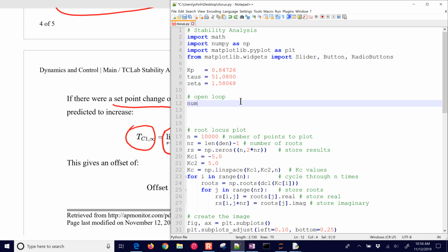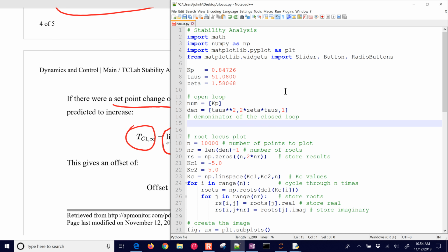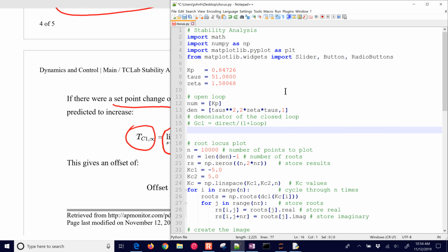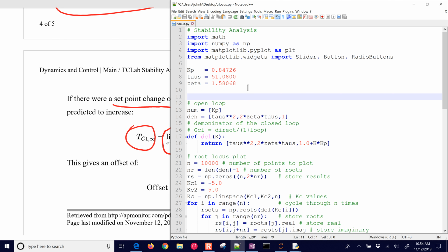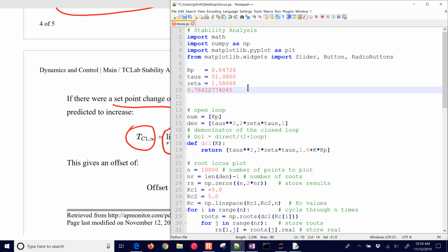I need to do the open loop, Kp, and then I have tau s squared plus 2 zeta tau s plus 1, and then the denominator of the closed loop. Alright, and that's going to be the open loop divided by 1 plus the loop, and we're going to take the denominator of that. I just need to put that into this list. Alright, and then we're ready to plug in the new values.